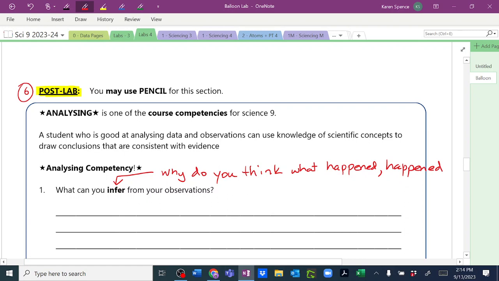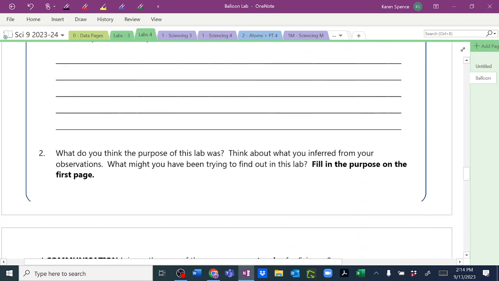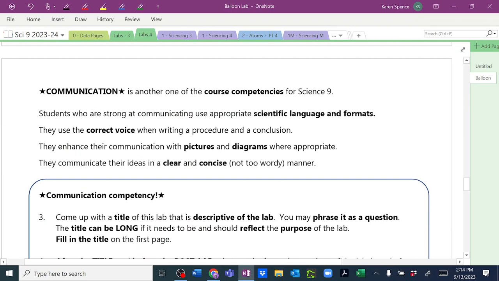So if you're like, what does it mean to infer? You're going to write why you think what you observed happened. What do you think the purpose was of this lab? What might you be trying to find out? You'll fill that in on the front page. Anytime you have difficulty, call me over, I can help you out.